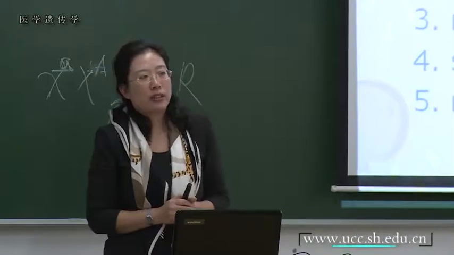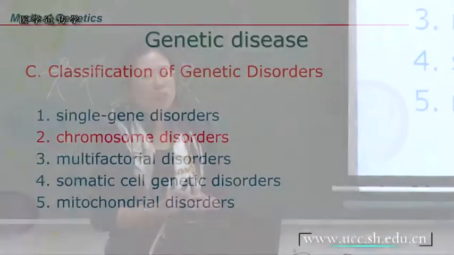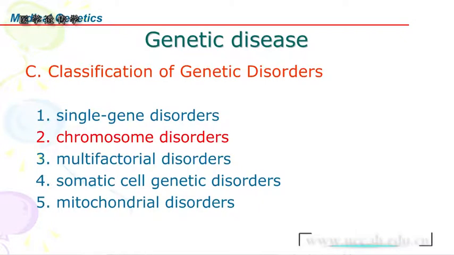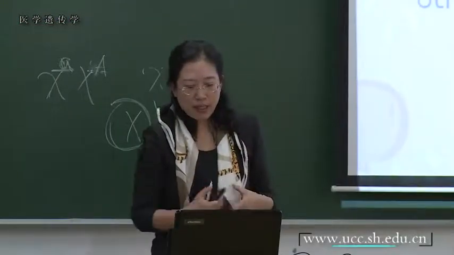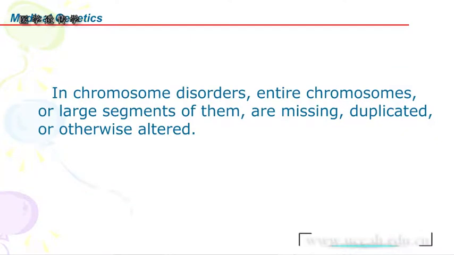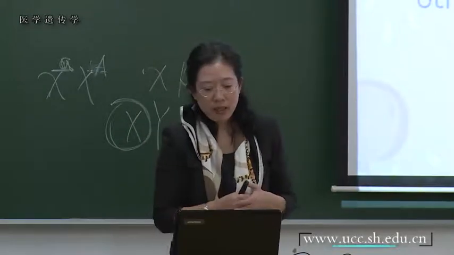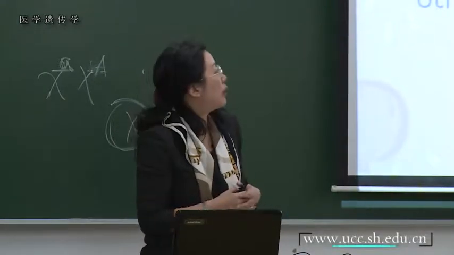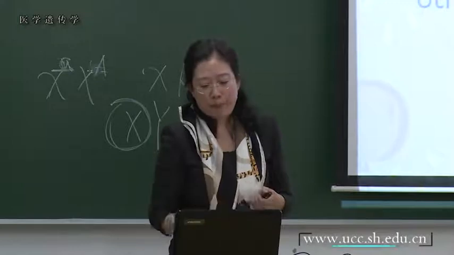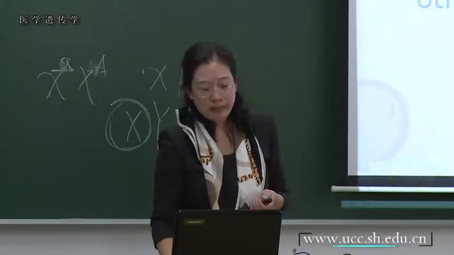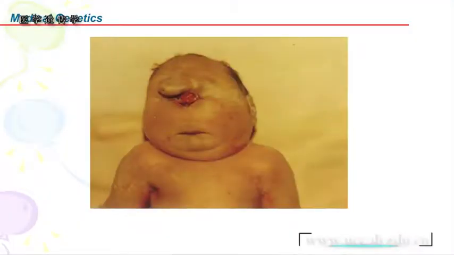Chromosome disorders. The genes are located on the chromosome. But chromosome disorders mean the entire chromosomes or large segments of a chromosome are changed, missing, or duplicated. What's this? A baby?